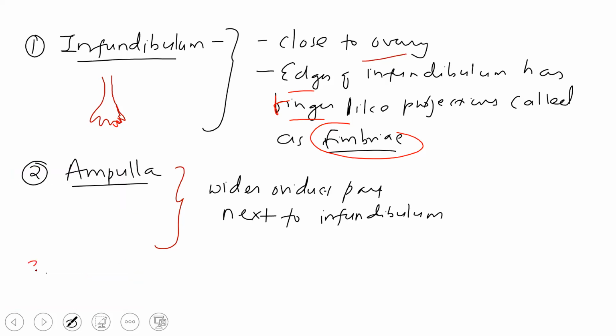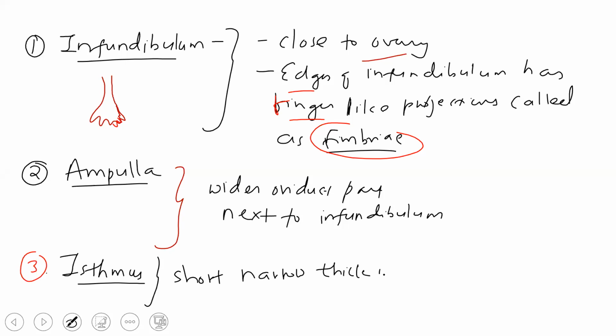And finally, we have the isthmus. So isthmus is mainly a narrow, thick-walled portion after the ampulla, and it leads into the uterus.